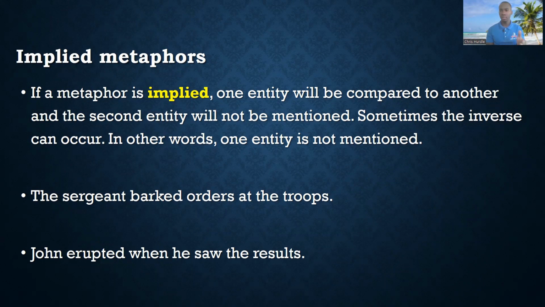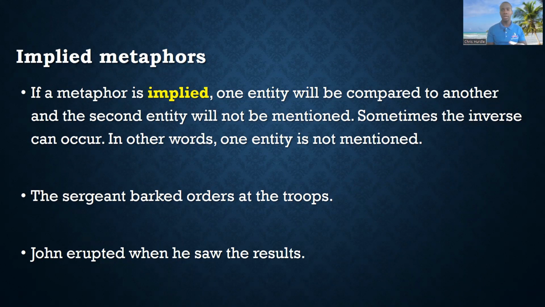It does not directly mention a dog, but it indirectly does by using the word barked. So this is how implied metaphors work. If you look at a sentence and you see that a comparison is being drawn in a subtle or indirect way with the use of a word or a phrase, then that would be an example of an implied metaphor.